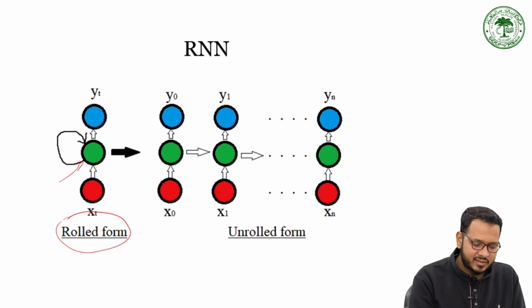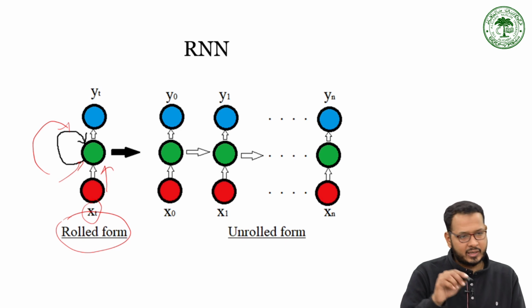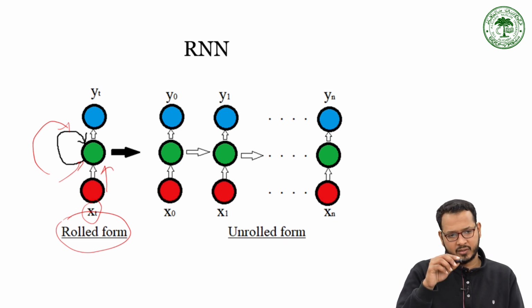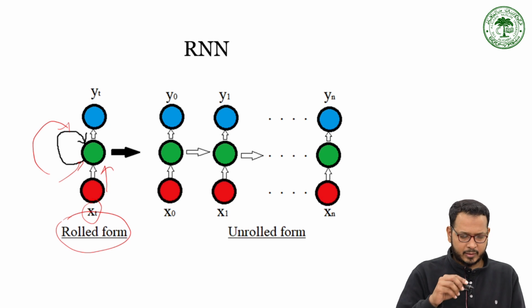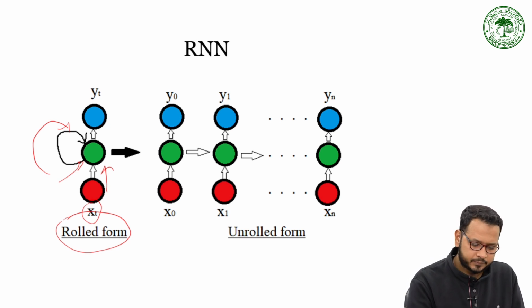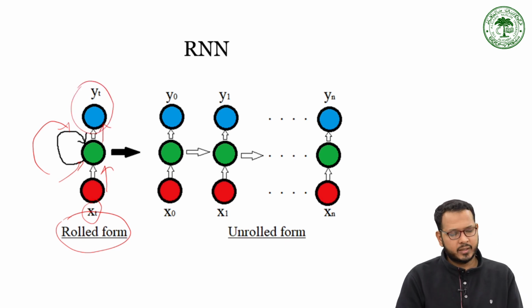It takes the input from here, it goes here, and there is a loop here. So it does the processing multiple times. It stores the current processing and then waits for the next processing, supplies the previous processing to it, and it goes on. And finally, the output is made.